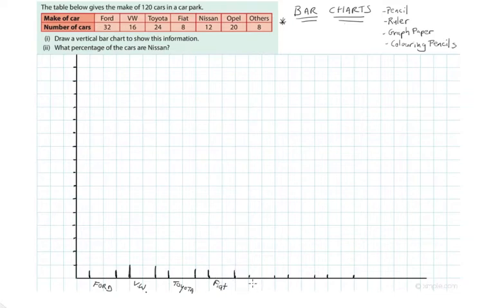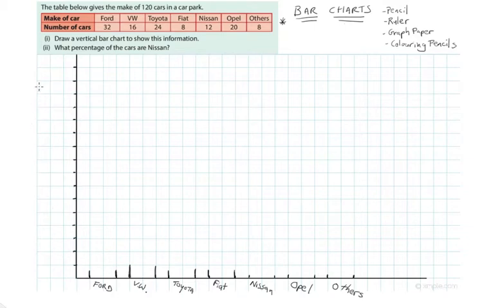And then Nissan is the next one, another Japanese car. The next one's Opel. I think Opel are German, called Vauxhall in England. And then others, and what they mean by others is any other brand. So there might have been one Subaru or one Skoda or two Mercedes.